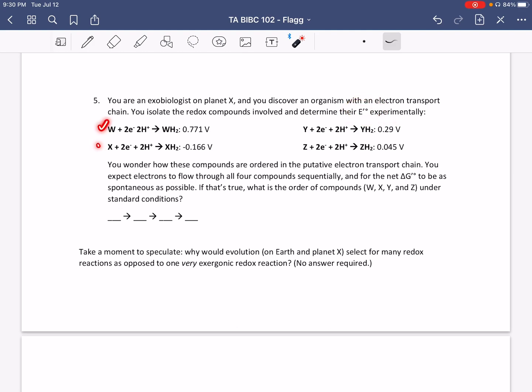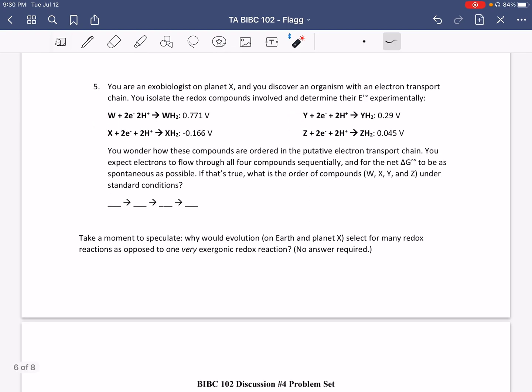You find 4 of them and you have the E prime naught of each. Basically what this is asking, how will you determine the order of these compounds in the electron transport chain?